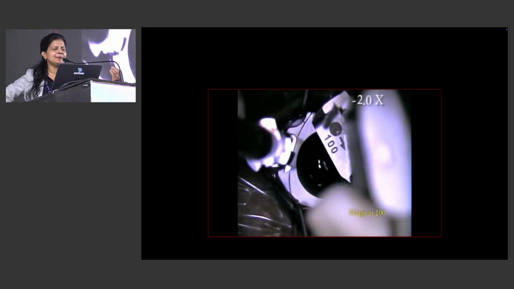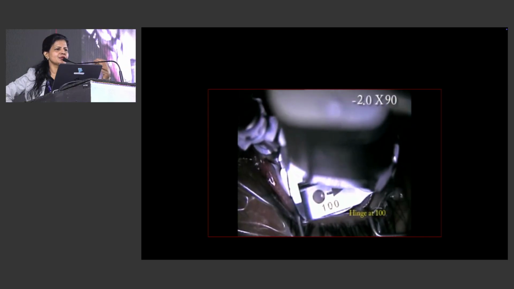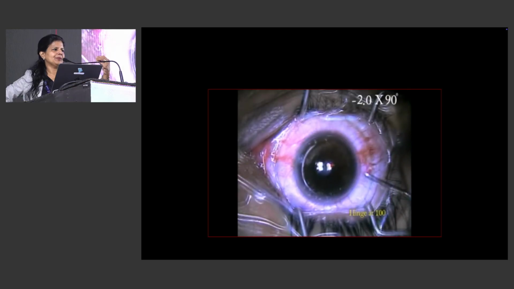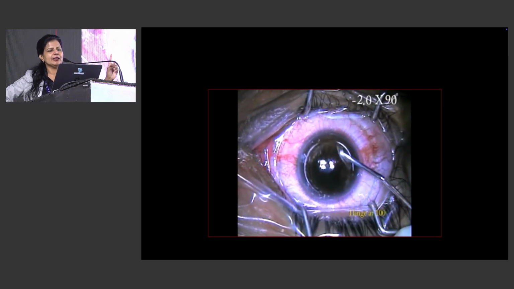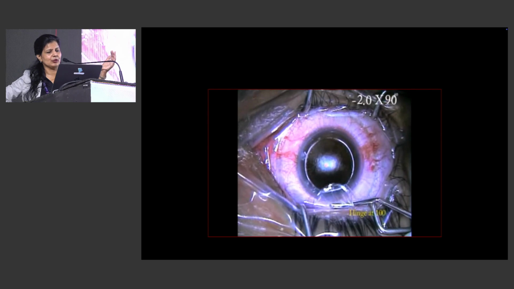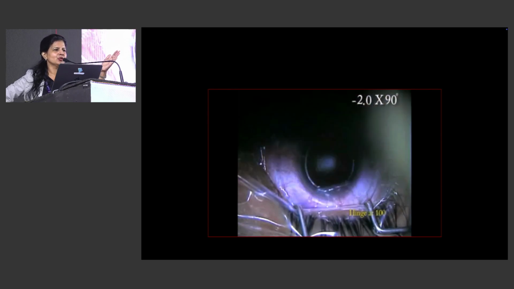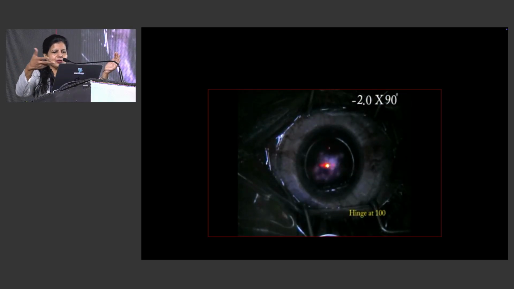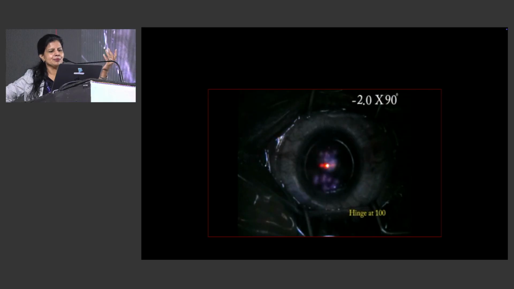Then another thing is the ablation. The slight incompleteness of the ablation if the hinge corresponds to the axis of the cylinder, which can happen with keratomes that take flaps only in a particular direction. There are keratomes that take only in the superior direction. There are those that take only in the nasal directions, but those that can be rotated, like you see over here, the Moria M2.